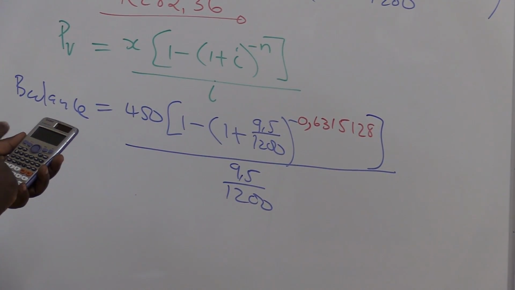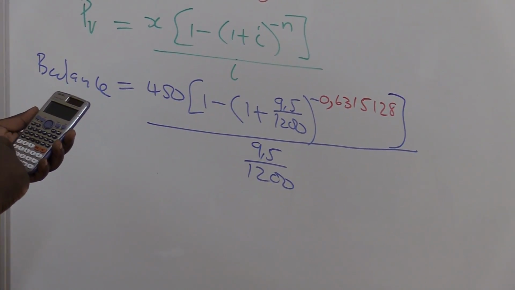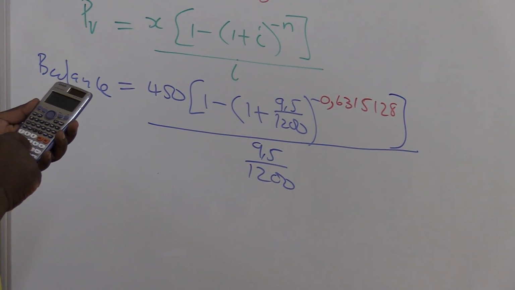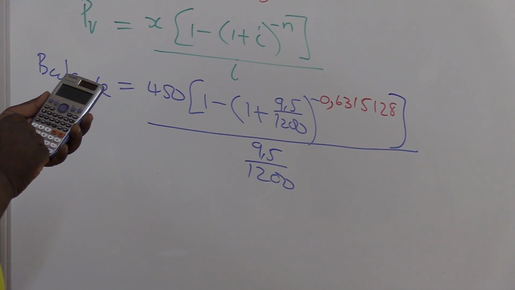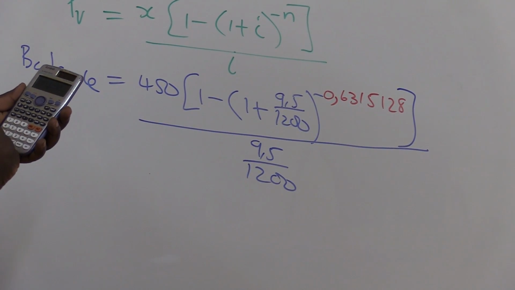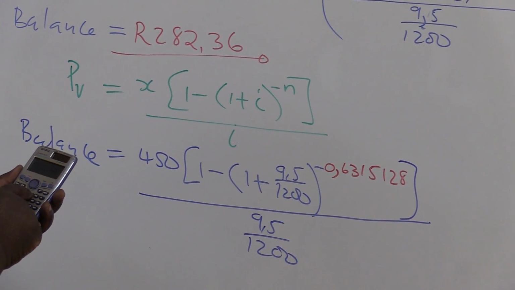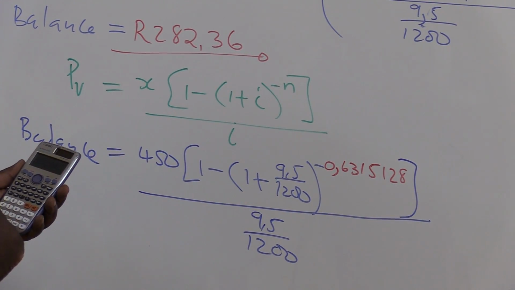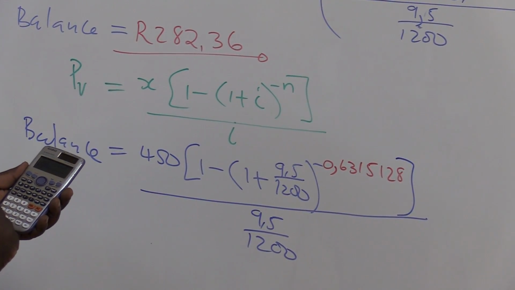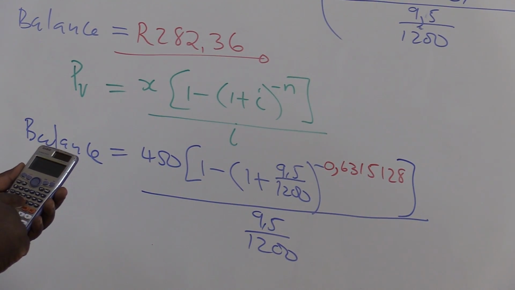Let's do this. It's a fraction pattern. Then we've got 450 into 1 minus bracket 1 plus fraction bracket fraction pattern 9.5 over 1200, close bracket to the power negative 0.6315128, get out of there, close that bracket.